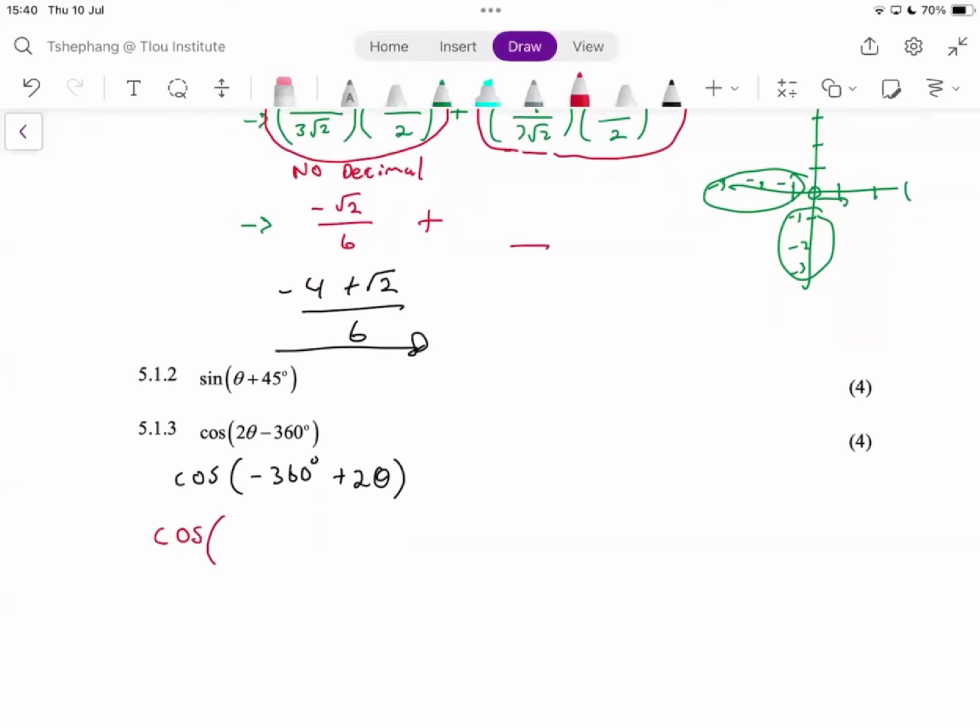And where do we add the 360? We add it in front. Now check something. That and that cancel each other out. So it simply means we're dealing with what? Cos of 2 theta.